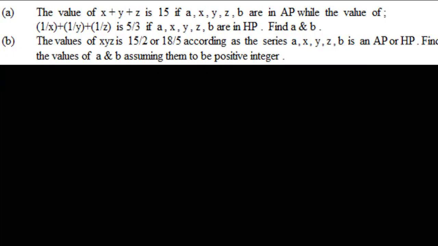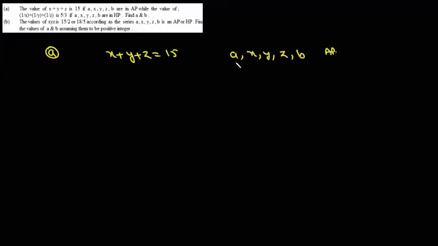Now in this first question, it says the value of x plus y plus z is 15 if a, x, y, z and b are in AP. Now we know that in an AP, the arithmetic mean of terms equidistant from the beginning and end is equal.